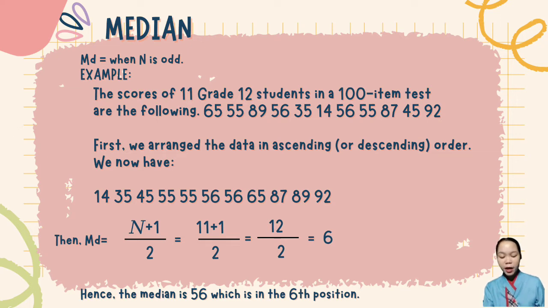So we now have 14, 35, 45, 55, 55, 56, 56, 65, 87, 89, and 92. Then median is equal to n plus 1 divided by 2. So it is equal to 11, which is the total number of students, plus 1, divided by 2. So we have 12 from 11 plus 1, and divide 12 by 2. So our median is in the 6th position, which is 56.